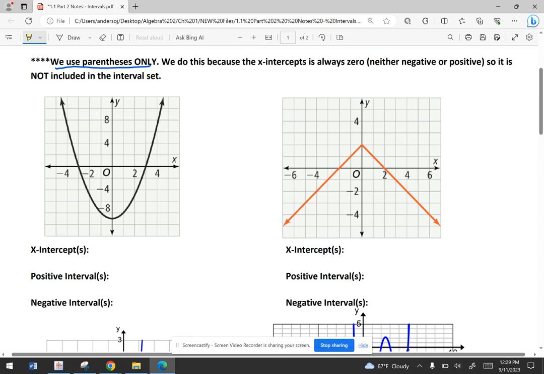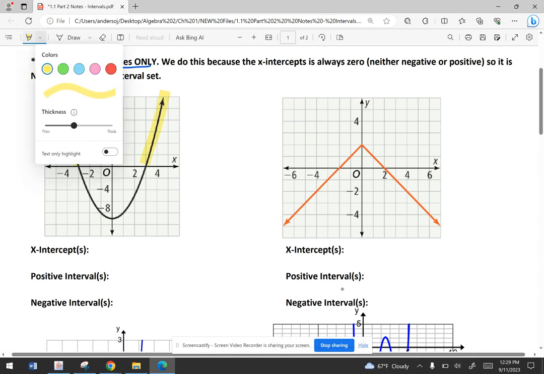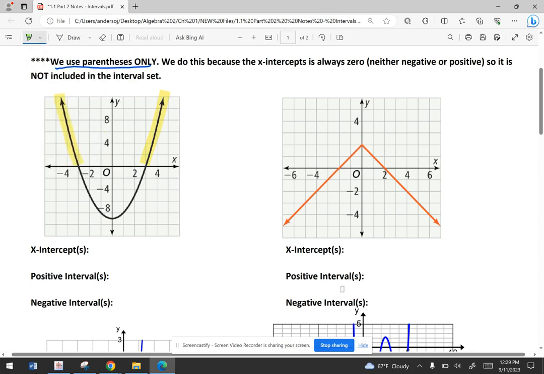Well, remember, positive is where the graph is above the x-axis. So anything that's above the axis, I'm going to highlight the section of graph that's above the x-axis. And I'm going to highlight in the next color the part that's below the x-axis.